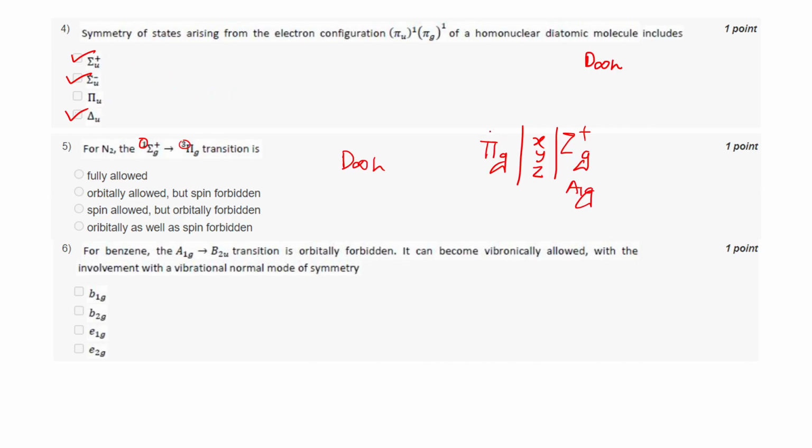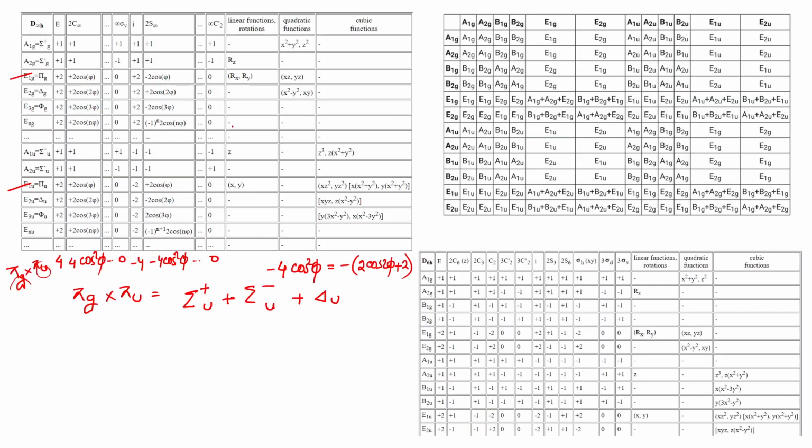So only if either xy or z have a symmetry of pi z, then it will be orbitally allowed. But as you can see, the z is a1u and xy together are part of pi u, e1u.